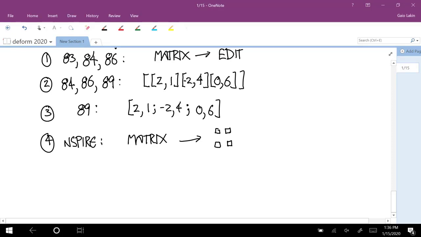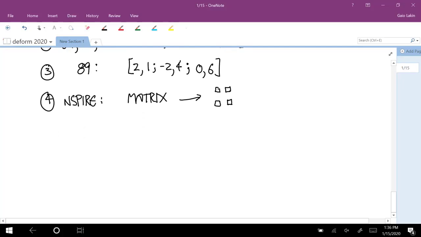Okay, so now what are some operations that you can do, or that we're going to need to do? The first one is transpose.